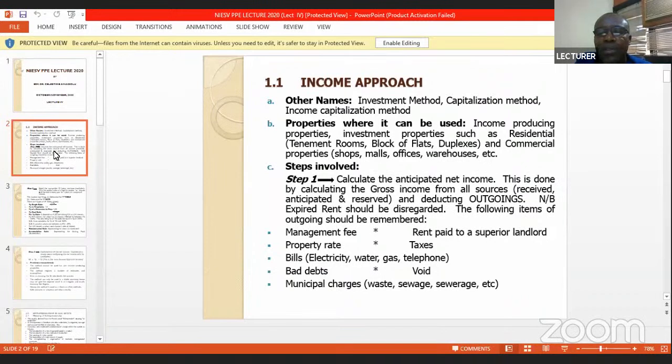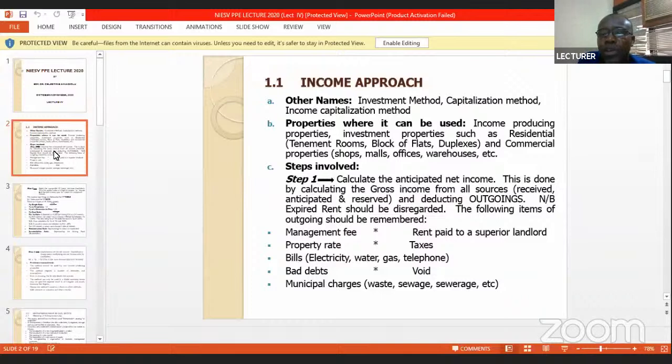Income producing properties. These are investment properties. And such properties can be residential properties, which include tenement rooms, block of flats, duplexes, bungalows, mansions, mansionettes, and other forms of semi-detached, detached, whether duplex or bungalow, terraced buildings. These are all investment properties.